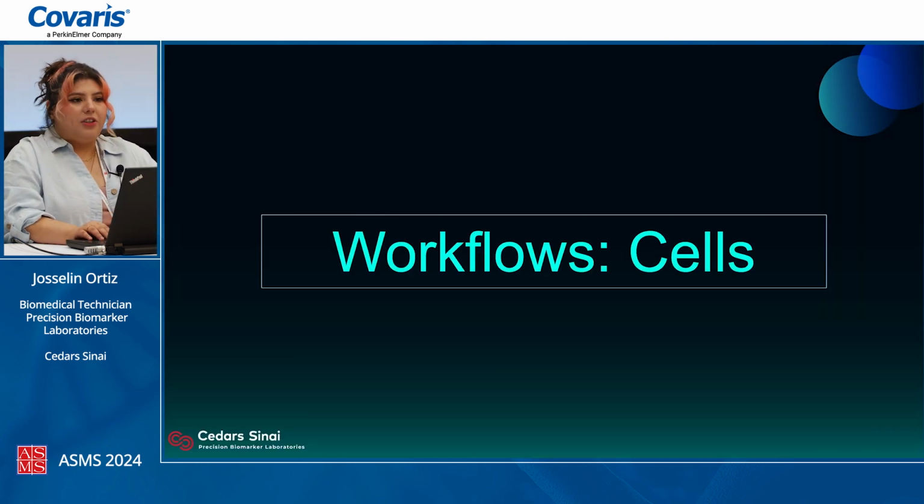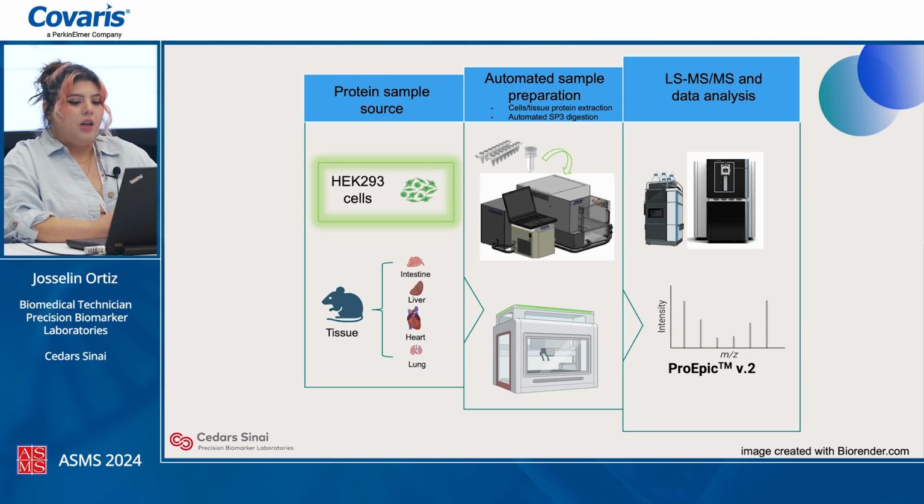Now that I got the overview section out of the way, we can begin with our workflows for our cell lysis. This is an overview of the steps in our cell and tissue workflow experiments, and you can see that they're very similar, but for right now, I'll be focusing on the cells. For our cell lysis, we did our experimentation using HEK293 cells.